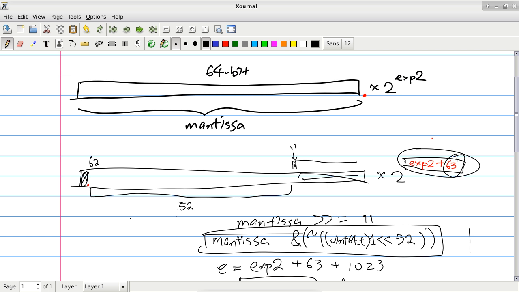But every time I move the binary point by one place, it is the same thing as halving or dividing the mantissa by 2. But each time I divide the mantissa by 2, I have to add 1 to exp2. So now the question is, how many times do I have to move this binary point in order for the binary point to get here?